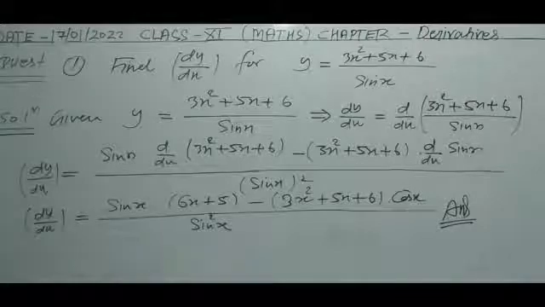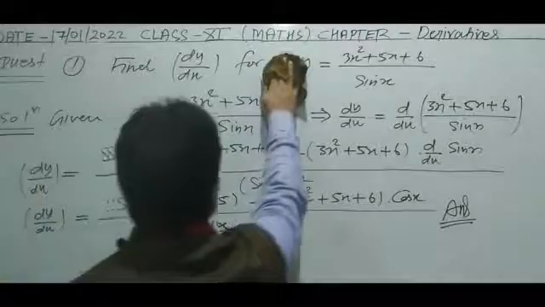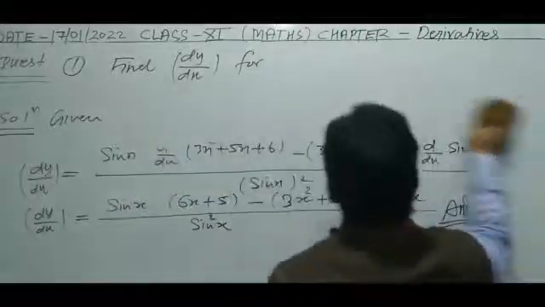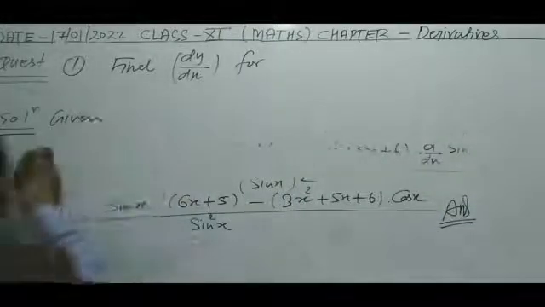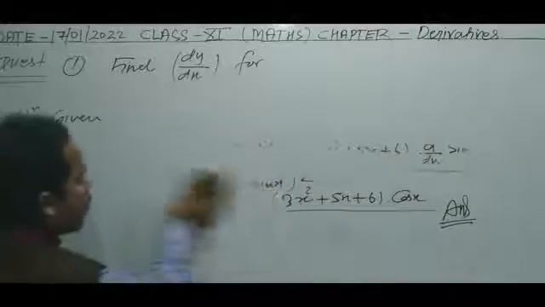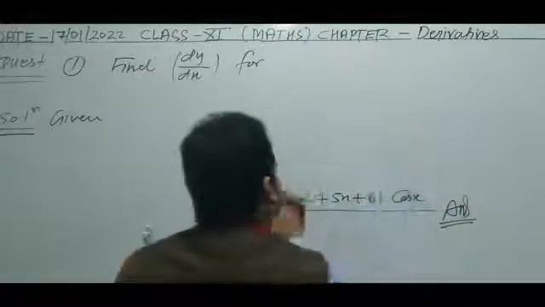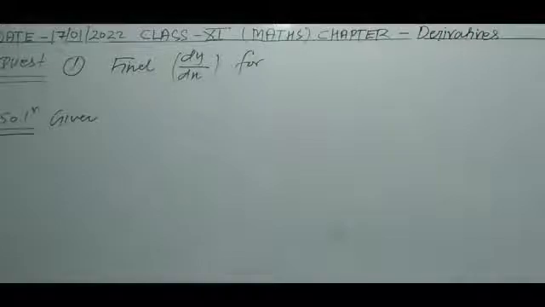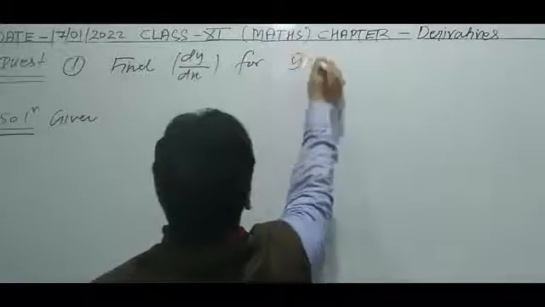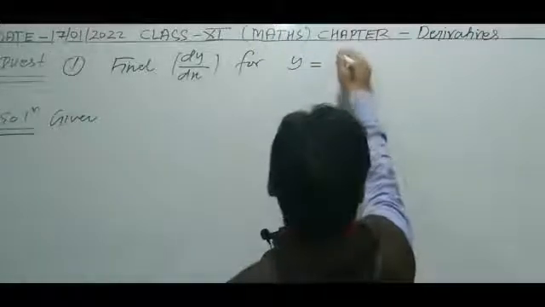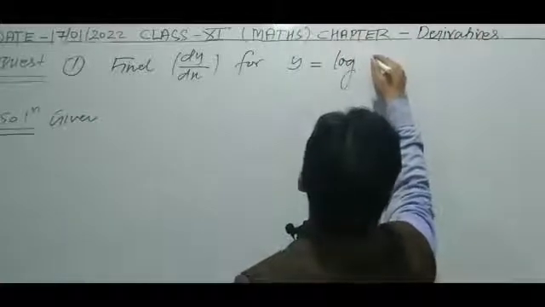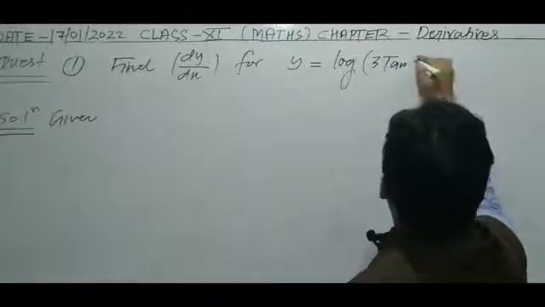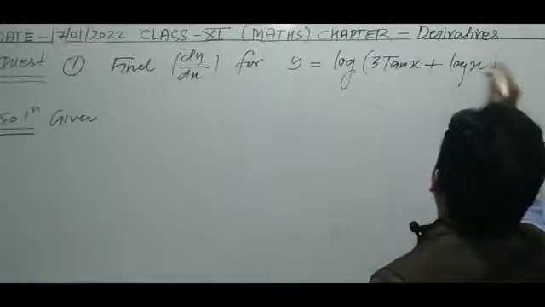Now come to the next question. The next question is, find dy by dx for the function f(x) is equal to, or y is equal to log of 3 times tan x plus log of x.